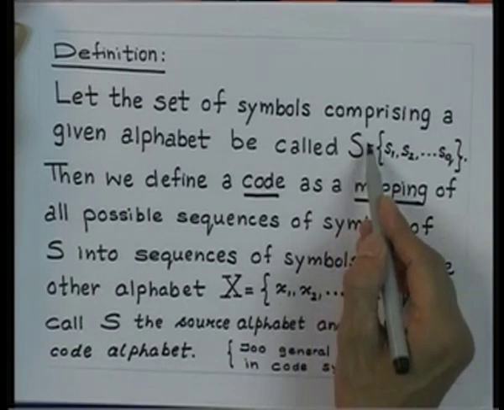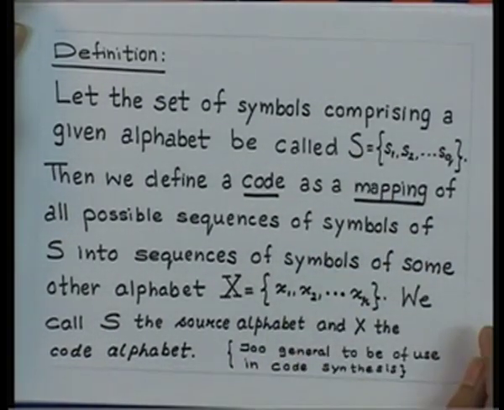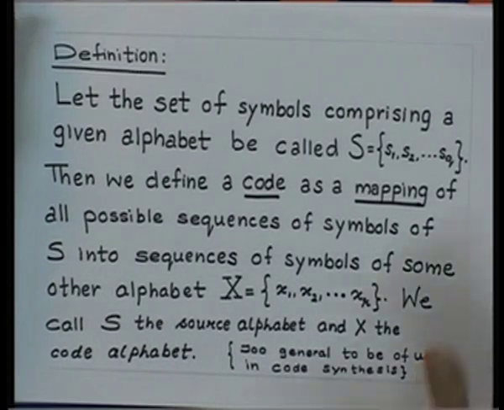We call S the source alphabet and X the code alphabet. So, in short, a code is nothing but a mapping from a sequence of source symbols to a sequence of code symbols.